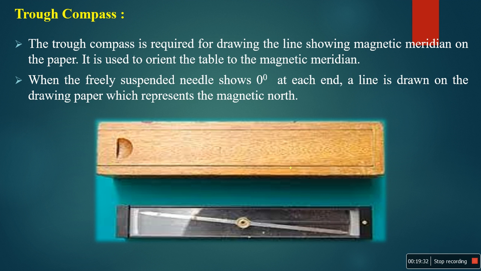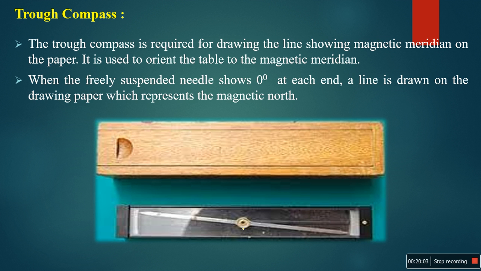The main use of the trough compass is for marking the magnetic meridian on the drawing sheet. This is the box of the trough compass, and this is actually our trough compass. A small magnetic needle is attached to it. You keep it on one of the edges of our plane table, generally the top left corner or top right corner.